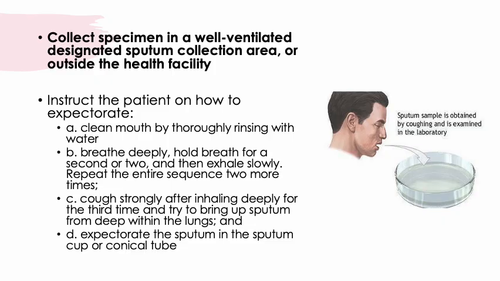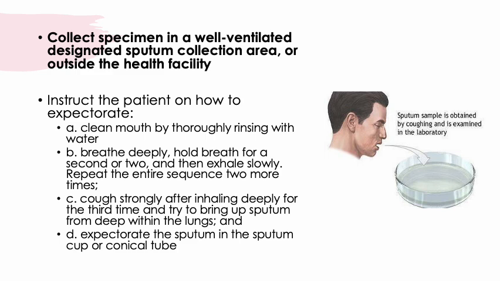Now, to go deeper with the pre-analytical process, the collection. This slide gives you the detailed procedure in collecting the sample. In collecting the specimen, it needs to be collected in a well-ventilated, designated sputum collection area. Why is the restriction or containment so high starting from the collection?